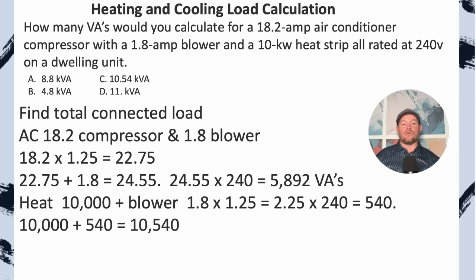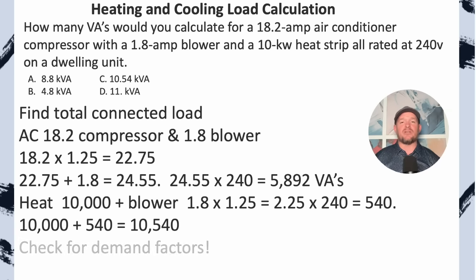Now, we just total all that together and end up with a total VA load of 10,540 VAs. That's where that getting off in the weeds and it being very nuanced business that I was talking about. And I look forward to someone's public input in 2029 to really clarify this part of the code, and you may just see a public input from me.